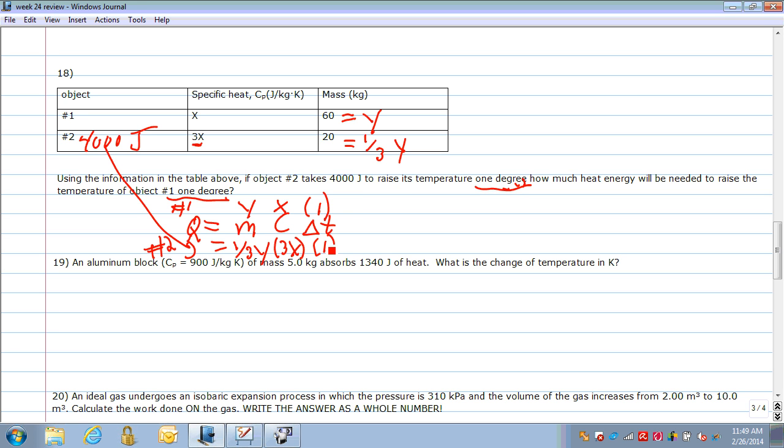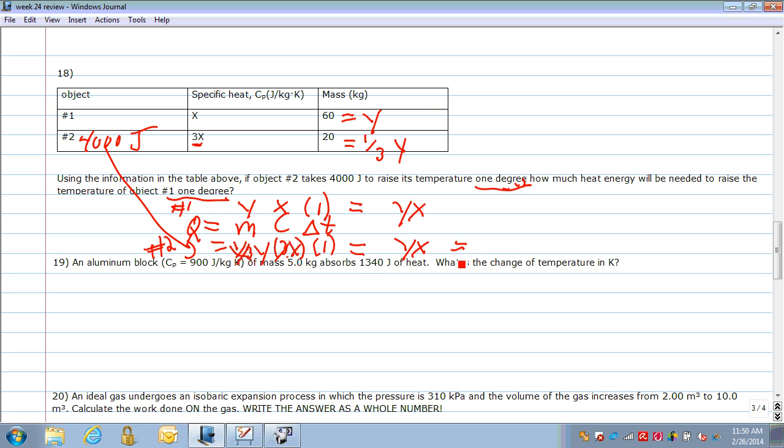Okay. So, doing our algebra here, we have just shown that number 1 is going to be y times x times 1, which is just y times x. For number 2, we have 1/3 times y times 3x. What is 1/3 times 3? 1. So these two cancel each other out, the 1/3 and the 3, and we again come up with y times x.